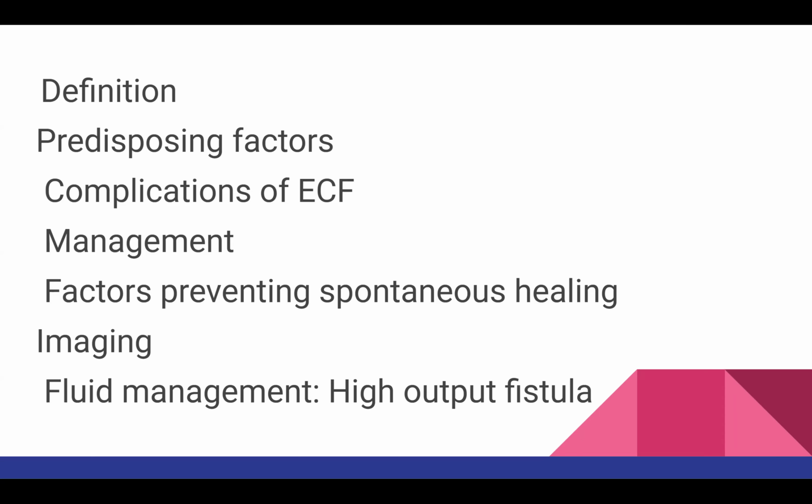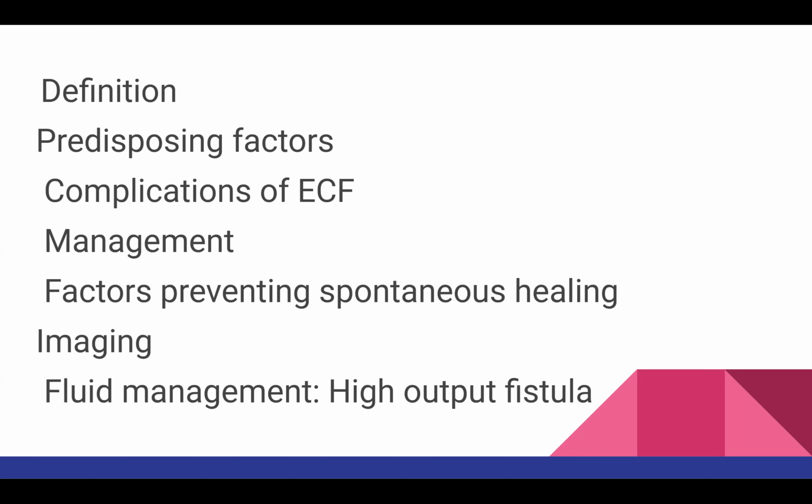If the patient is having any malnutrition, we can supplement the patient with total parenteral nutrition. Then we can also check for adequate hydration and fluid and electrolyte balance, and also the condition of the anastomosis, and also protection of the overlying skin. Then we can also plan for surgery.